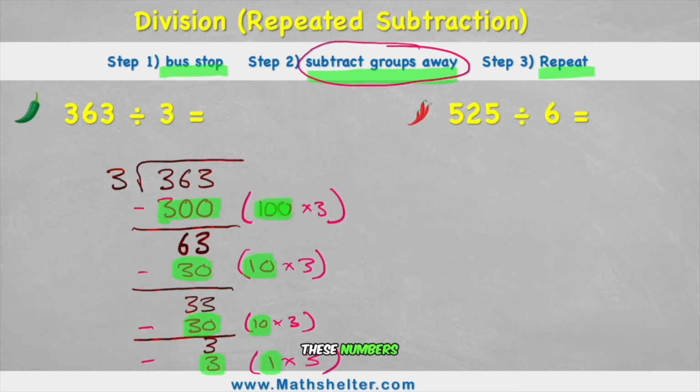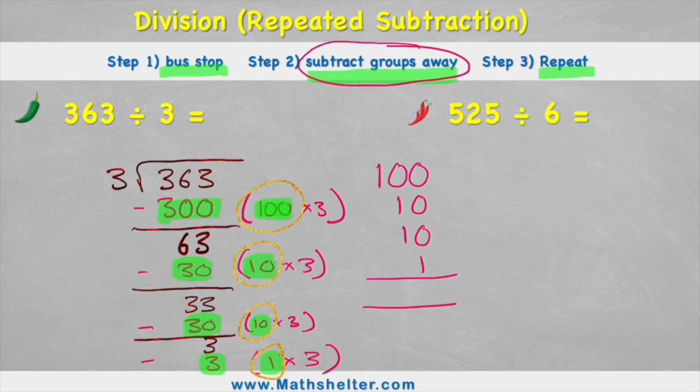So these numbers here, the 100, the 10, and the 1, are the small answers to my question. So what I now need to do is add them back up to find my total answer. So I had 100 plus 10 plus 10 plus 1, which equals 121. So my answer to 363 divided by 3 equals 121.